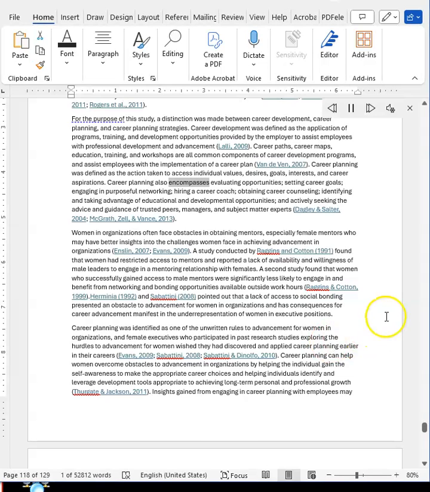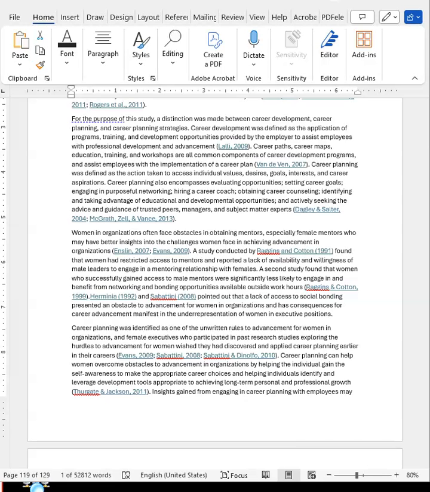Career planning also encompasses evaluating opportunities, setting career goals, engaging in purposeful networking, hiring a career coach, obtaining career counseling, identifying and taking advantage of educational and developmental opportunities, and actively seeking the advice and guidance of trusted peers, managers, and subject matter experts. Dagley and Salter, 2004. McGrath, Zell, and Vance, 2013.